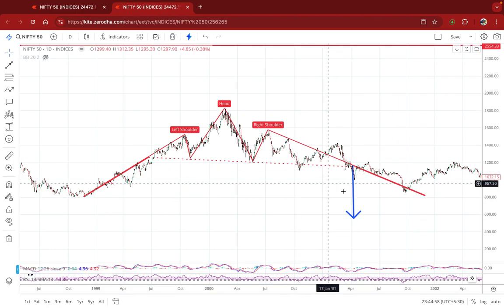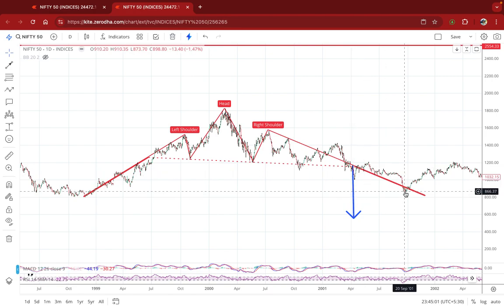It breached here also, but then went back. So again, the target is around 50% of this length of the arrow.